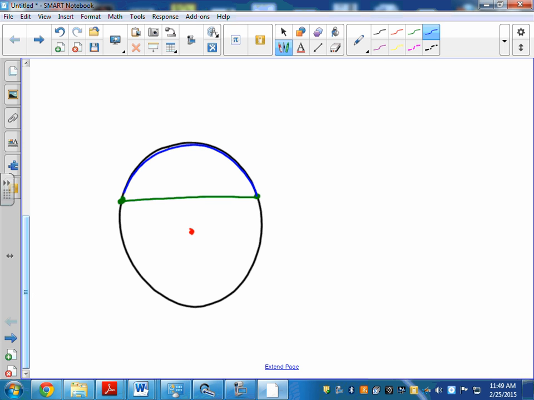This part up here is called a minor arc, arc, A-R-C, and the part on the bottom down here is called a major arc. It still has endpoints on the chord, but goes around the long way.